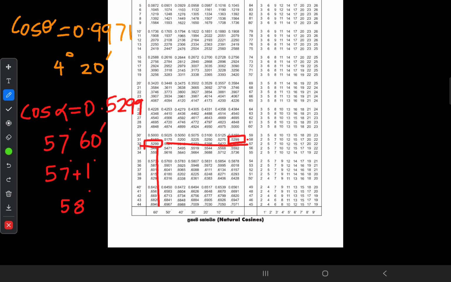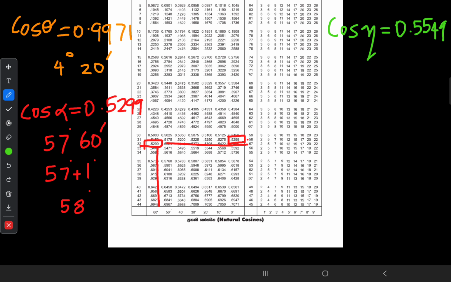Let's try one more question here. Cos theta equals 0.5549. Let's find it in the table.